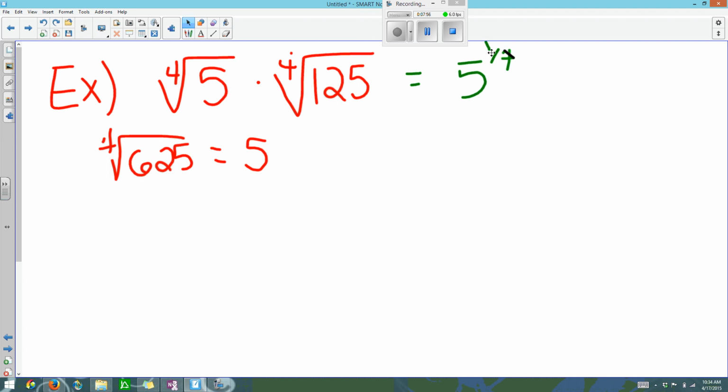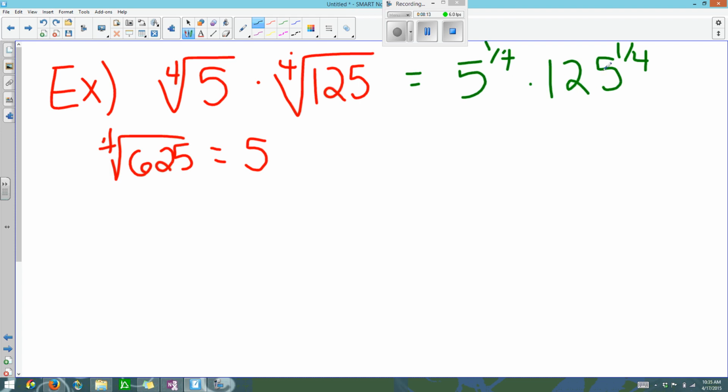Hold on, let me get rid of that. Okay, 5 to the 1/4 times 125 to the 1/4. But notice, here I don't have the same base.